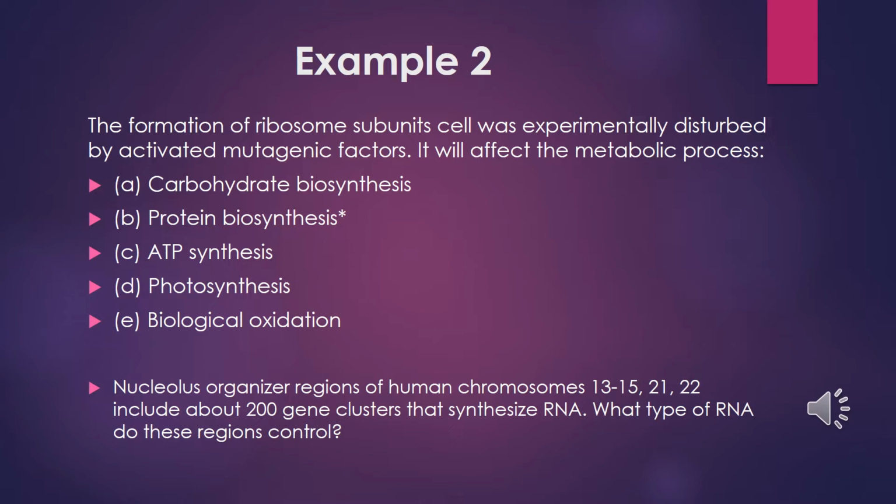In these cases, you can always write about protein synthesis in ribosomes, or which organelle produces protein is the ribosome, or the place of formation of ribosomes is the nucleolus.